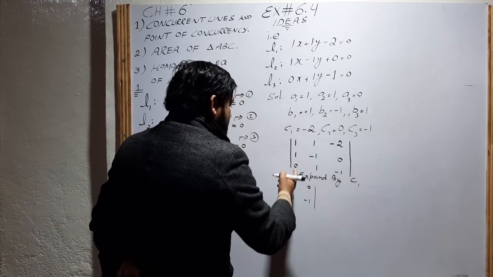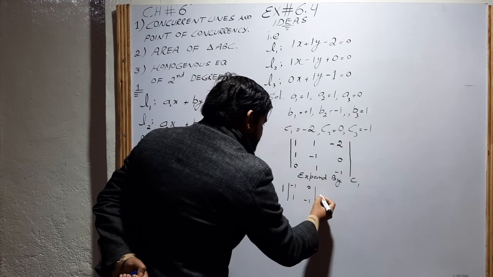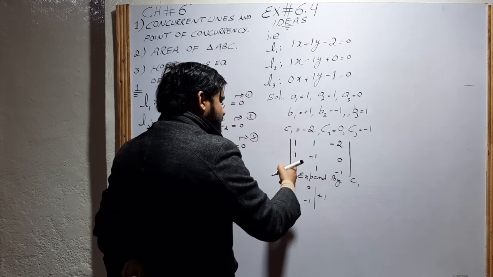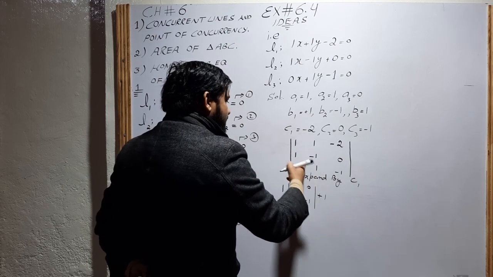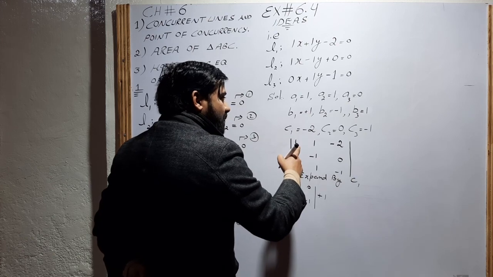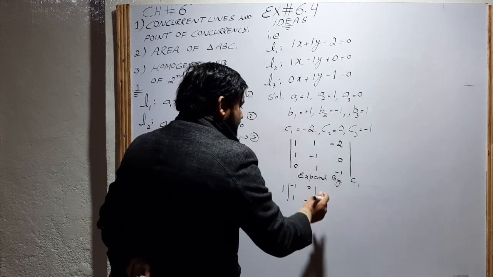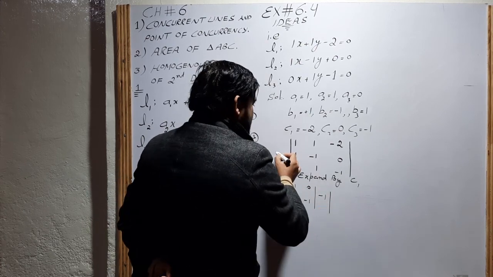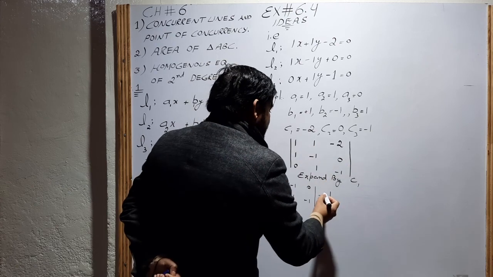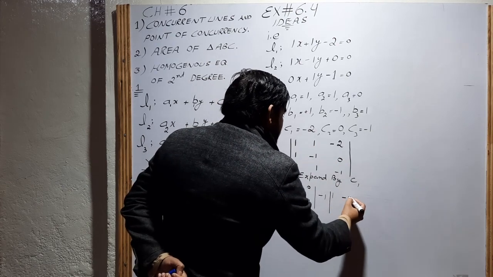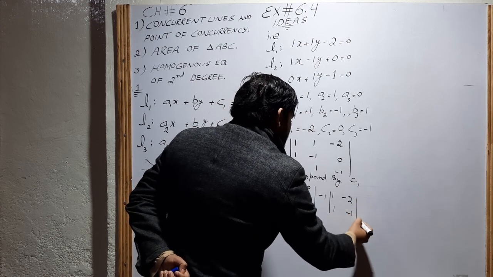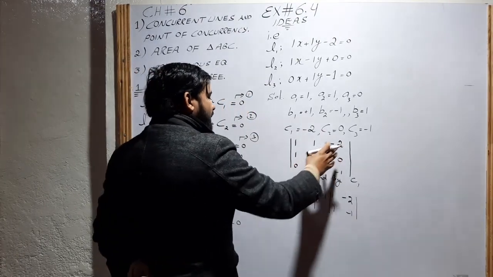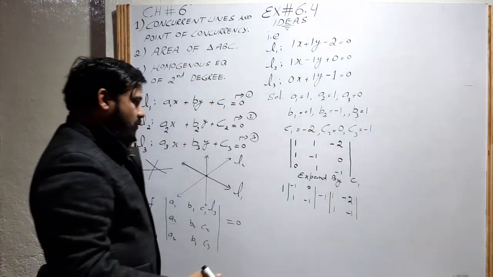Column-wise, the next is positive 1 times -1 raised to the power 1 plus 2, which means it is -1, and delete second row, first column; the remaining entries are 1, -2, 1, -1. The last one is +0, and the cofactor of 0 is equal to 0, so there is no need to simplify.